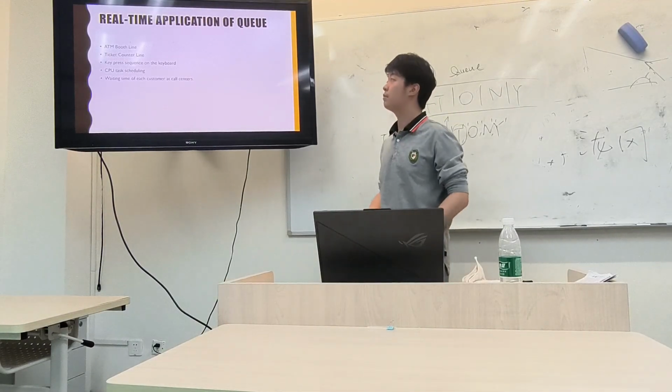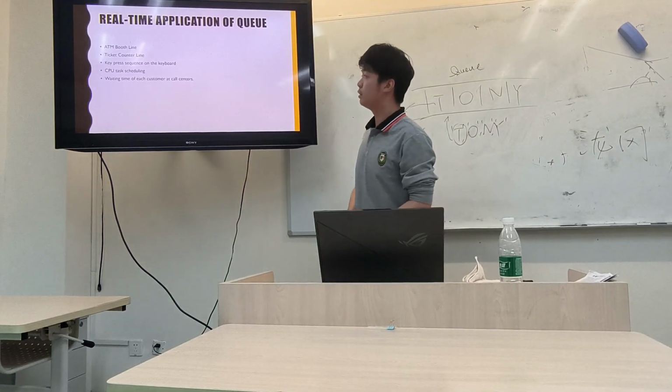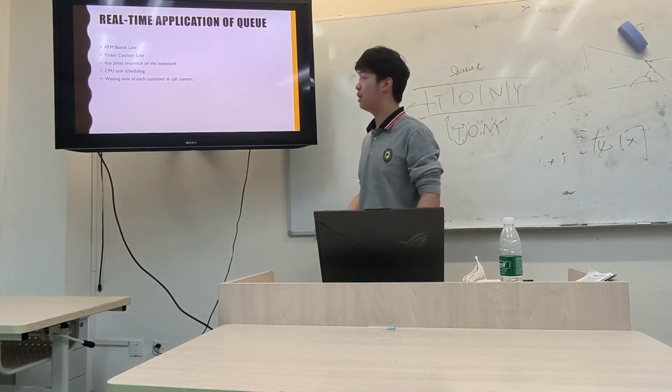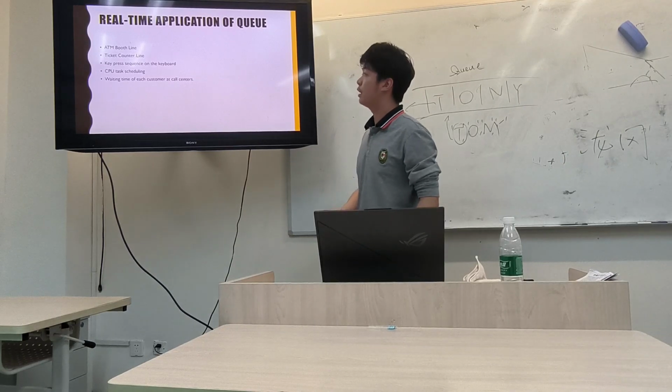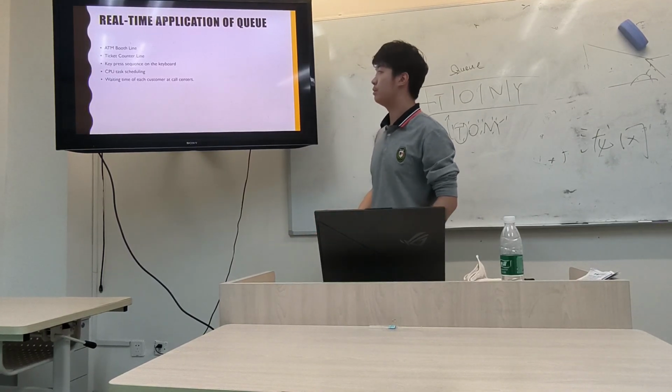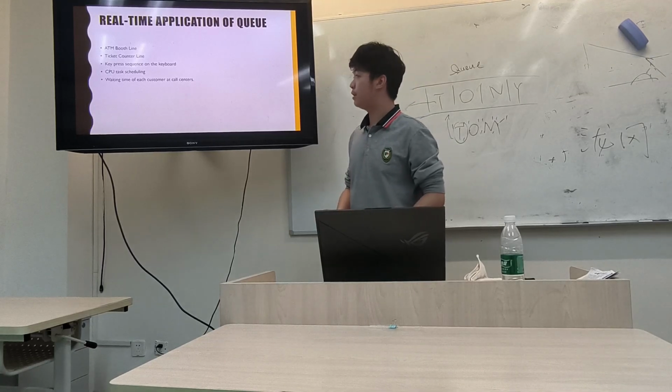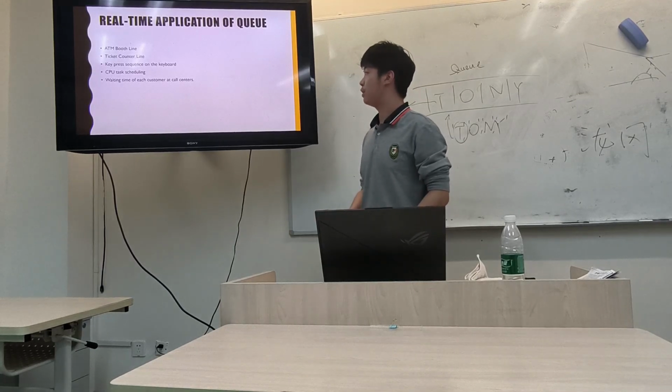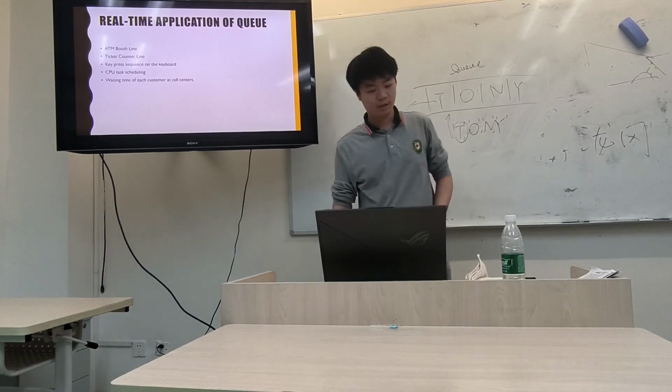Okay, and here are some real-time applications of a queue. So the first is ATM booth line, and also ticket counter line and key press sequence on keyboard or CPU task scheduling or waiting time of each consumer at call centers.